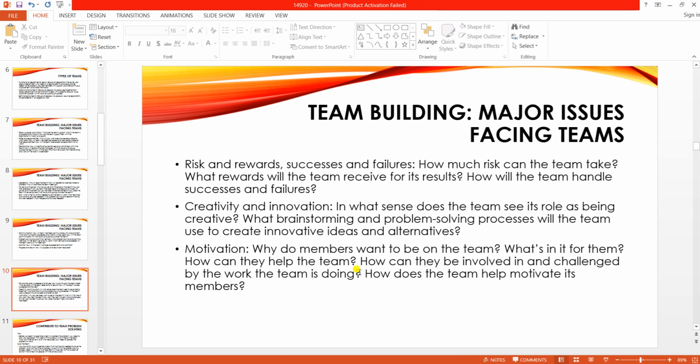And also for motivation, why do members want to be on the team? We need passionate people with relevant skills to be amongst the team, and what's in it for them, and how can they help the team. These are questions that need to be asked and need to be answered.